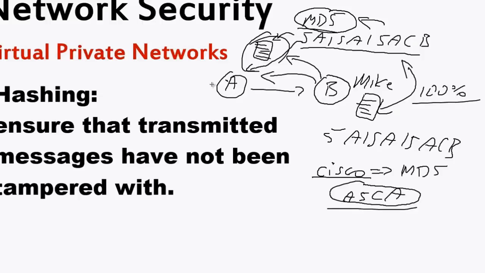What you have to remember about hashing is that it cannot be reverse engineered. What I mean by that is, if you get a hash string, you cannot figure out that it was Cisco. That's a very important feature of all hash functions. It's not like encryption and decryption, right?